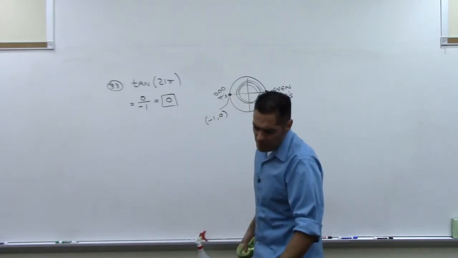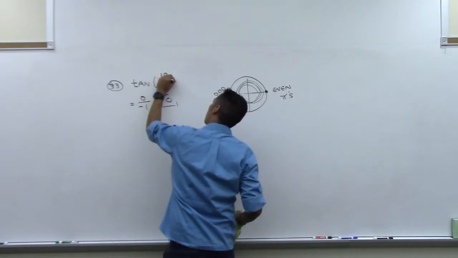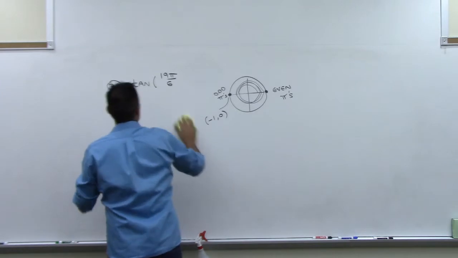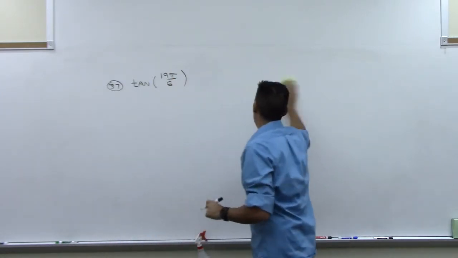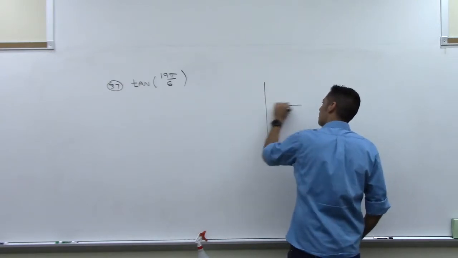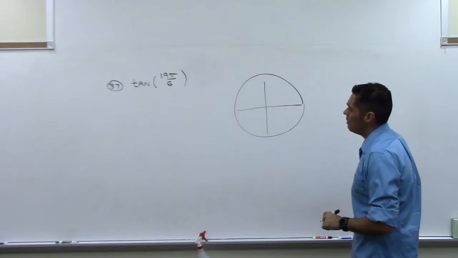Now number 37 is tangent of 19 pi over 6. I've got to figure out where 19 pi over 6 is. Again, I use my knowledge of the common angles.